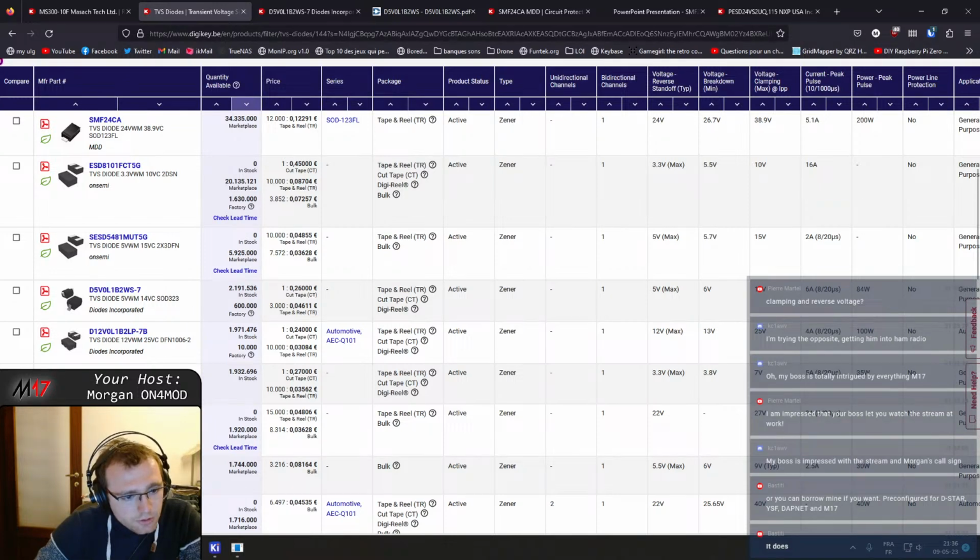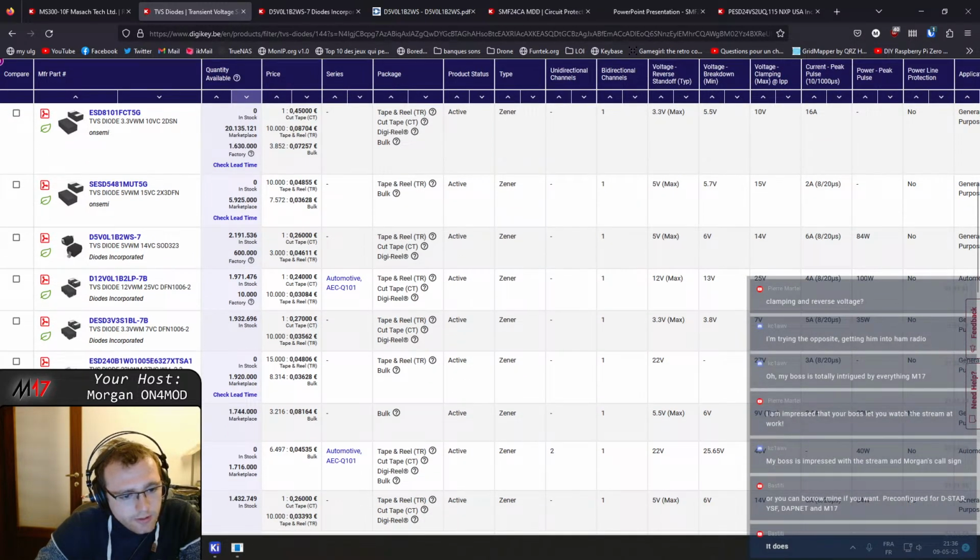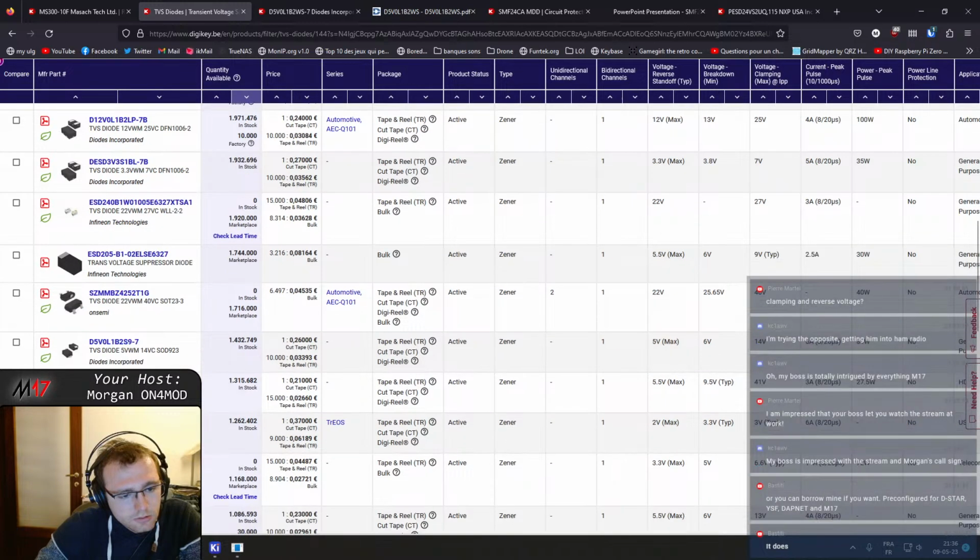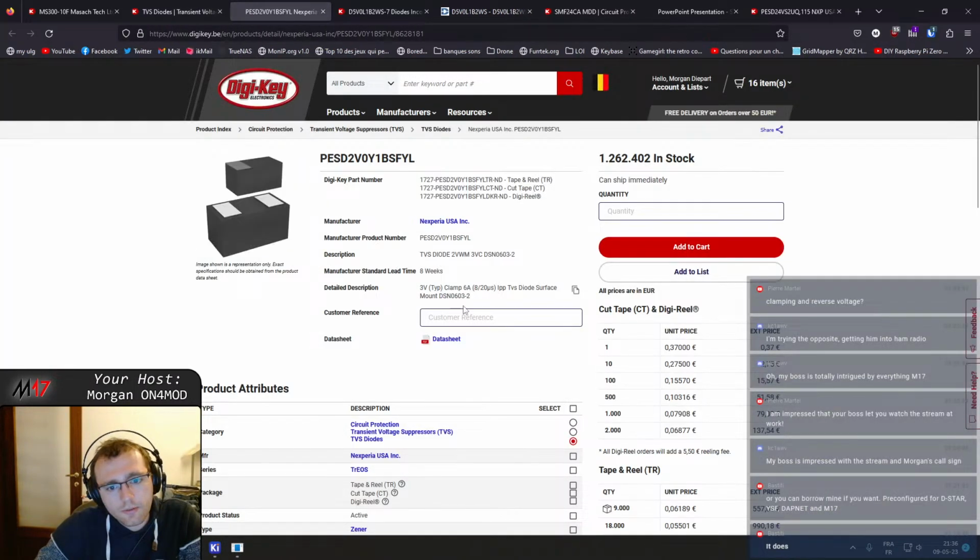I believe we should select one with a low voltage, like this one, for example, is 3 volts continuous, I guess.